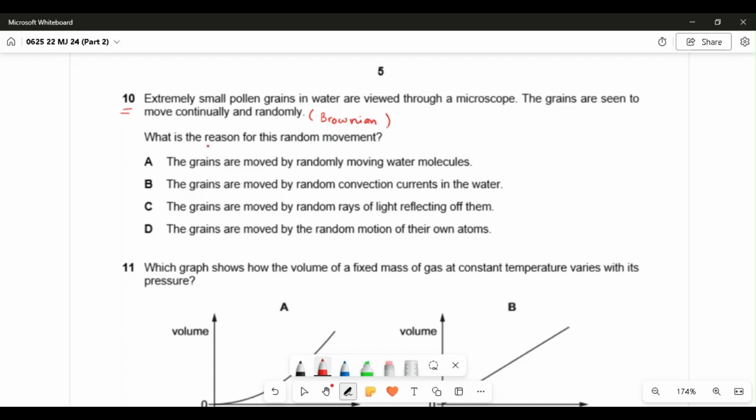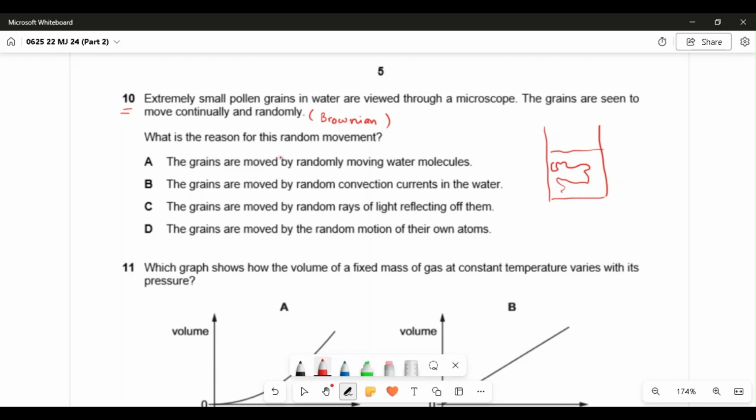What is the reason for this random movement? Let me show you here. If this is a container filled with water and you drop some pollen grains, you can see the pollen grains move in a zigzag path. So this is called Brownian movement.